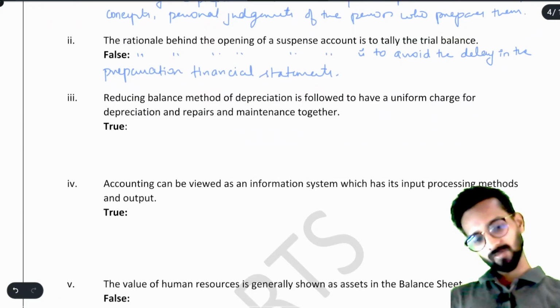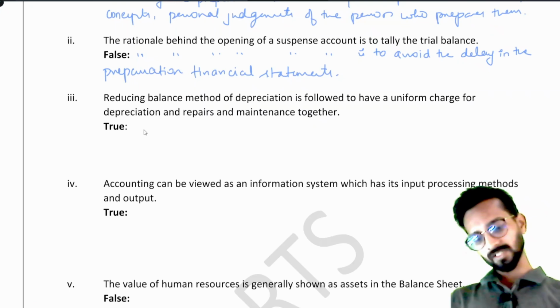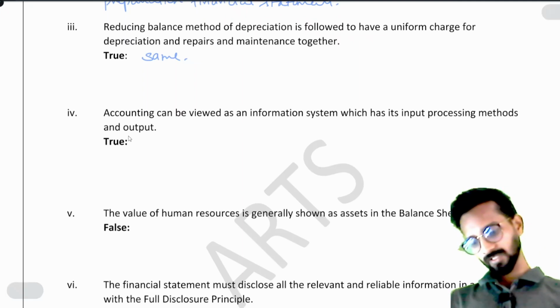Now point number 3 says reducing balance method is followed to have a uniform charge. It is exactly the same, we have already discussed. Next: accounting can be viewed as an information system which has its input, processing method and output. Obviously, the answer is true.